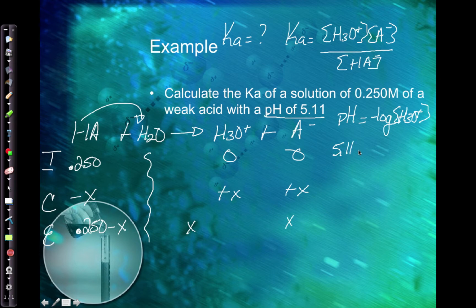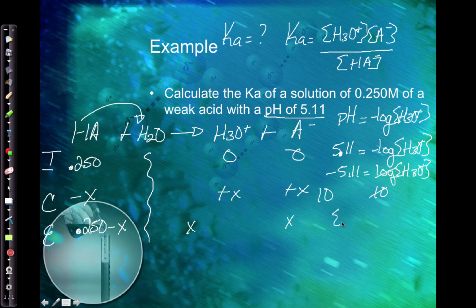Let's find the concentration of hydronium at equilibrium. Alright, so we've got a negative, so I need to divide that out. It's equal to the negative log of hydronium. Alright, so we get rid of the log. We're going to do 10 to some power, the anti-log.